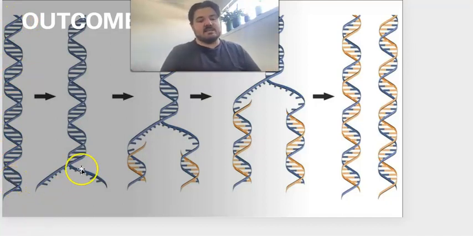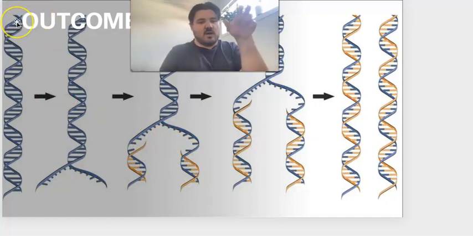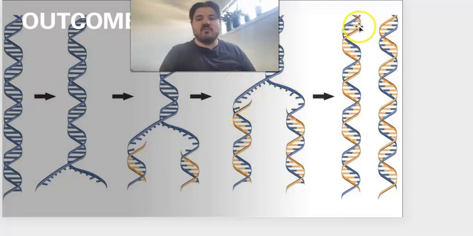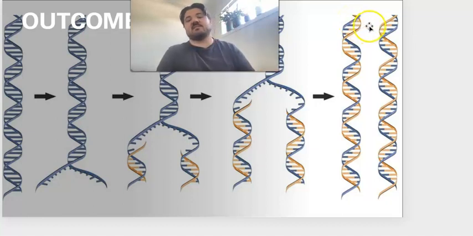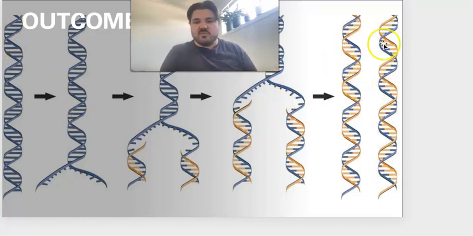What happens is it's unzipped and then two new strands are formed. That's where these gold parts are coming in. So the starting point is one strand of DNA. The end point is two full sets of DNA, as it looks just like this. And we call it semi-conservative because half of each of the new strands contains half of the originals.